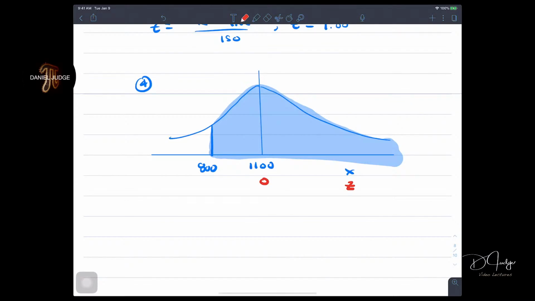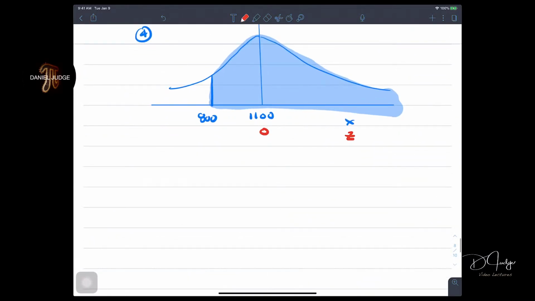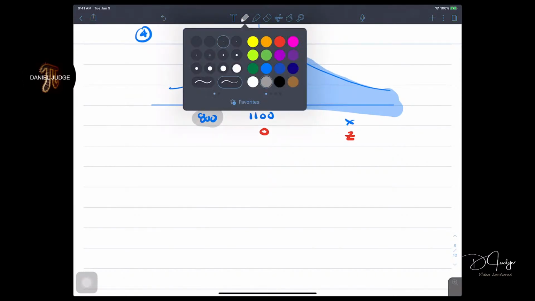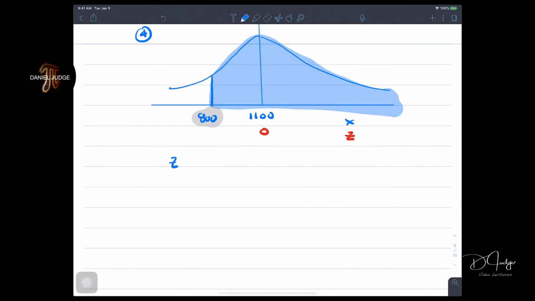The mean is 0. The question is, what does 800 become? We're going to find this value here, 800, as a Z value. So we say Z is x minus 1100 over 150, and that's 800. 800 minus 1100 over 150.